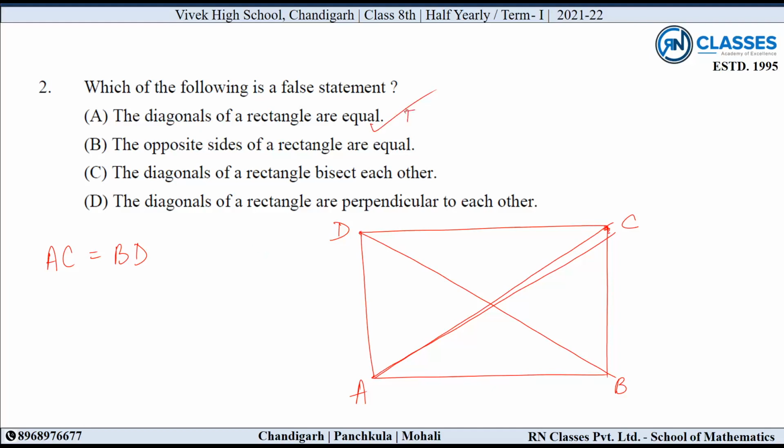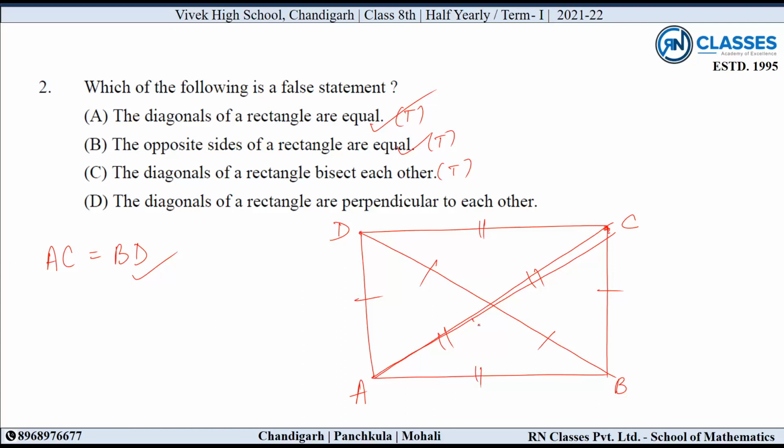This is not false. This is a true statement. The opposite sides of a rectangle are equal. Yes, this side is equal to this side and this side is equal to this side. Opposite sides are equal. This statement is also true. The diagonals of a rectangle bisect each other. Yes, this diagonal is bisected. This diagonal is also bisected. And the diagonals are also equal. So this becomes true. Diagonals of a rectangle are perpendicular to each other.